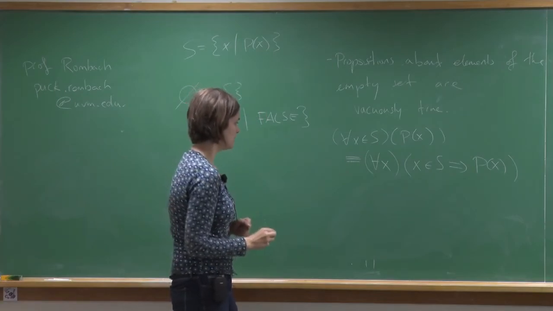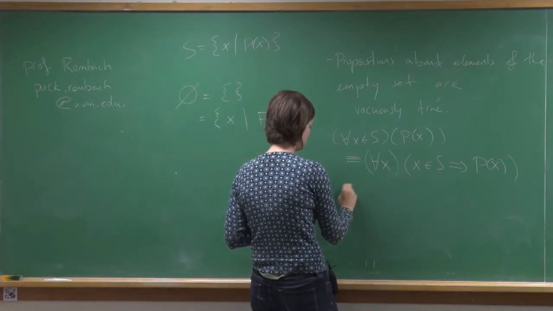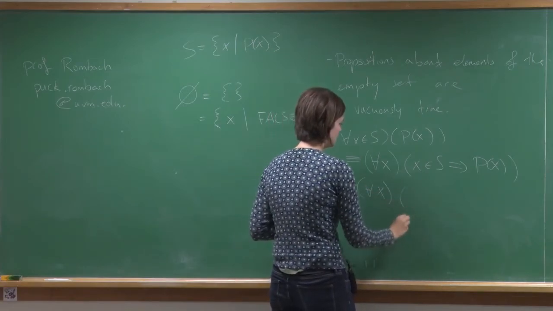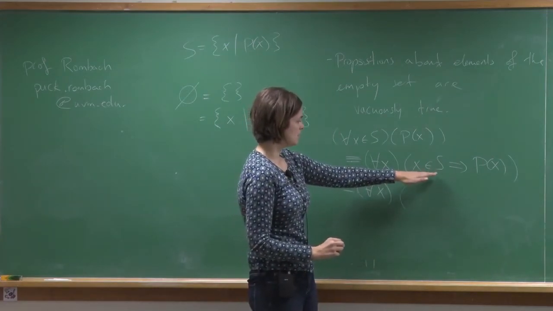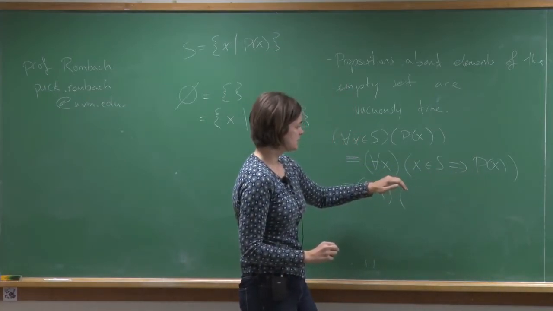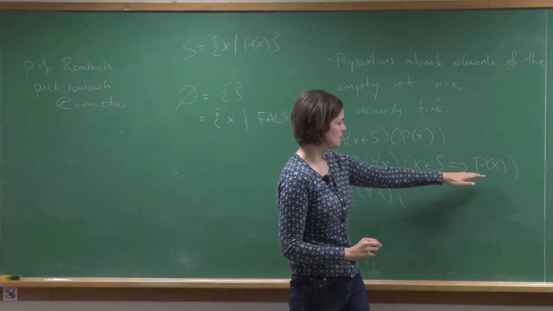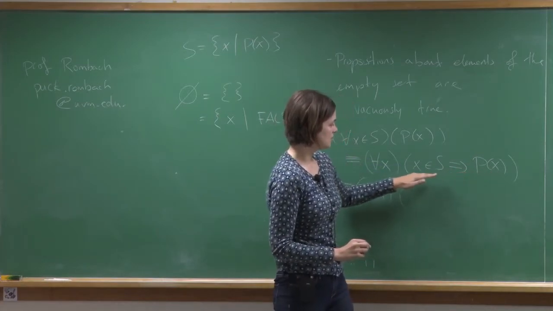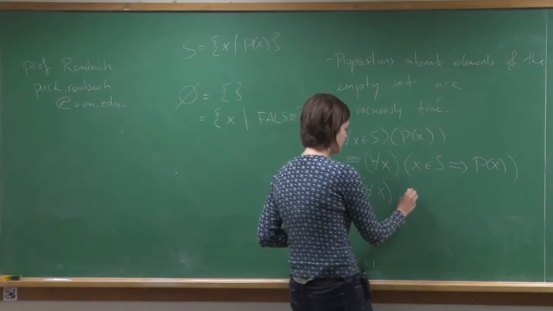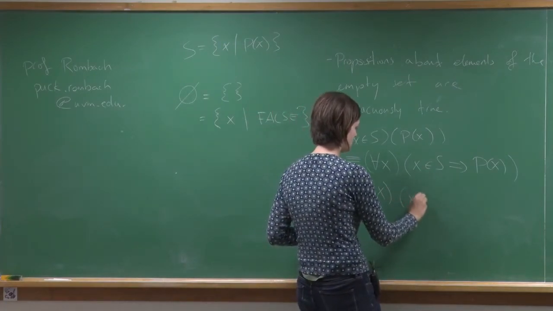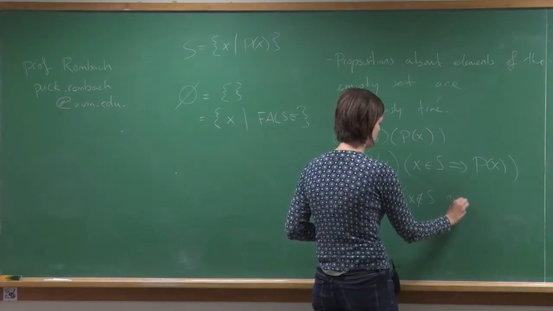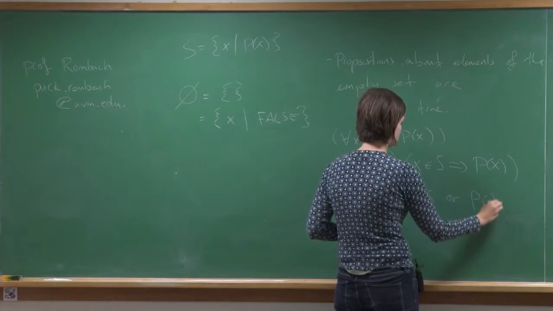And another way of saying if p1 then p2 is by saying we must either have that p2 is true or that p1 is false. So this is saying that either x is not in S or p of x is true.